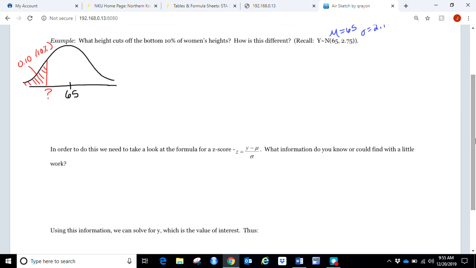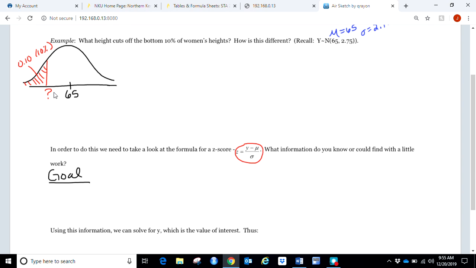So we're going to go back and look at our z-score formula. So we have that z is y minus mu, or the mean, over sigma, our standard deviation. So to look at this formula, let's actually first understand what our goal is. Looking back up here, our goal is to find a height of a woman.